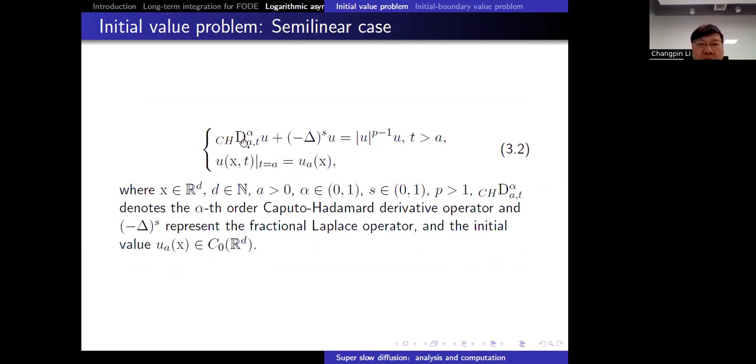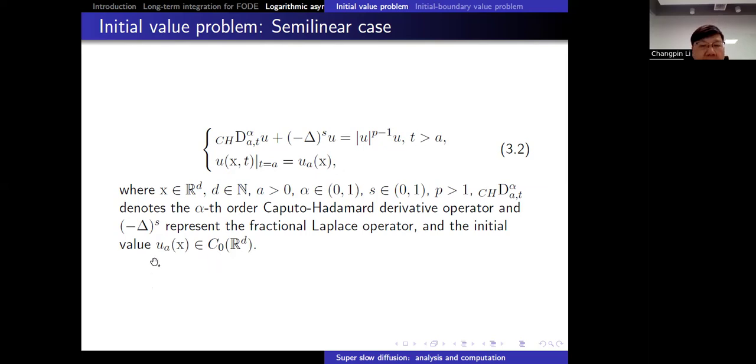Now we consider this model. This is the Caputo-Hadamard derivative with order alpha in the interval. This is the fractional operator with the index s in the interval, and here p is different from the above. Here p is the power of u in absolute value, |u|^(p-1)u. Let the initial condition u_a of x be in this space.